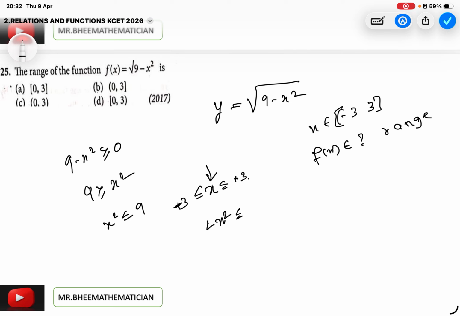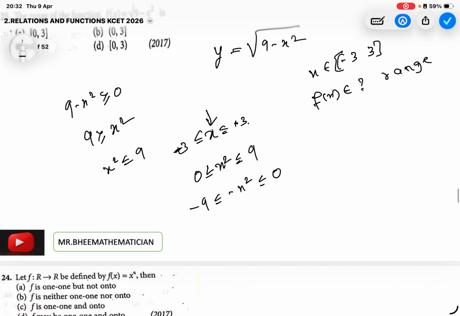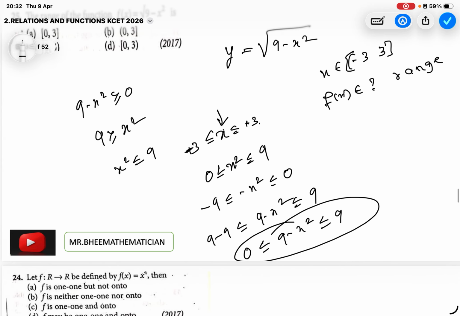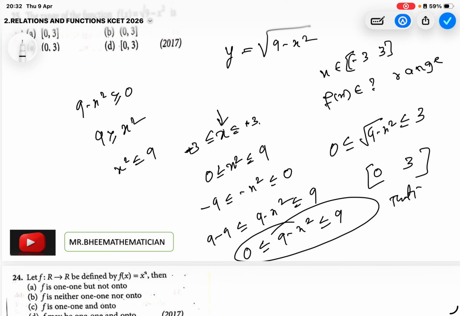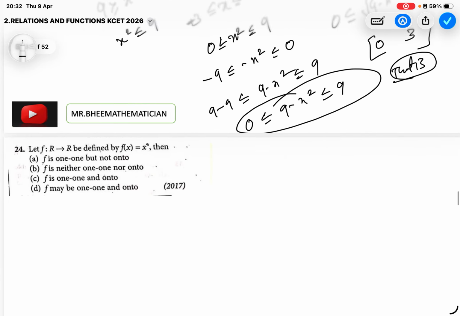Make it x square: the minimum value of x square is 0 and the maximum is 9. Make it minus x square: it becomes minus 9 to maximum 0. Add 9 on both sides: 9 minus x square is from 0 to 9. Take the root: root of 9 minus x square, root of 9 is 3, and root of 0 is 0. Then the range is 0 to 3. That's it. I hope it is clear.